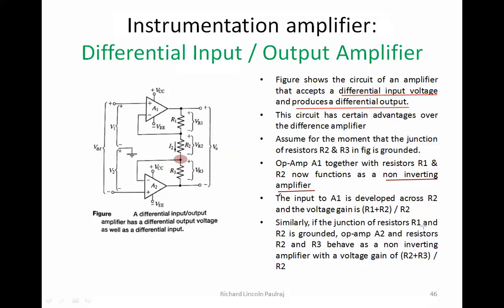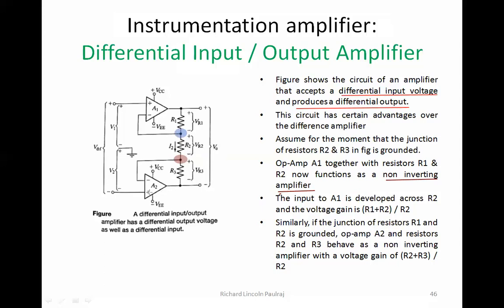Similarly, we have assumed that the junction of resistors R1 and R2 is grounded. Now let us shift our focus to the other junction, which I am highlighting here in blue. Let us assume that this point between R1 and R2 is grounded now. Then op-amp A2 and resistors R2 and R3 behave as a non-inverting amplifier.